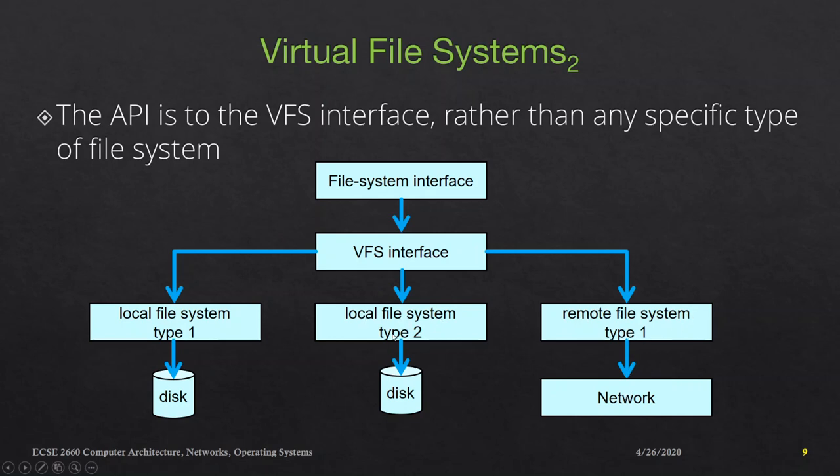We have a local file system type 2 for this disk, and there's a different file system type 1 for this disk. So this could be NTFS, this could be UFS, and this could be NFS. The virtual file system interface is going to allow us to interact with all those devices that are currently using a different set of file systems.